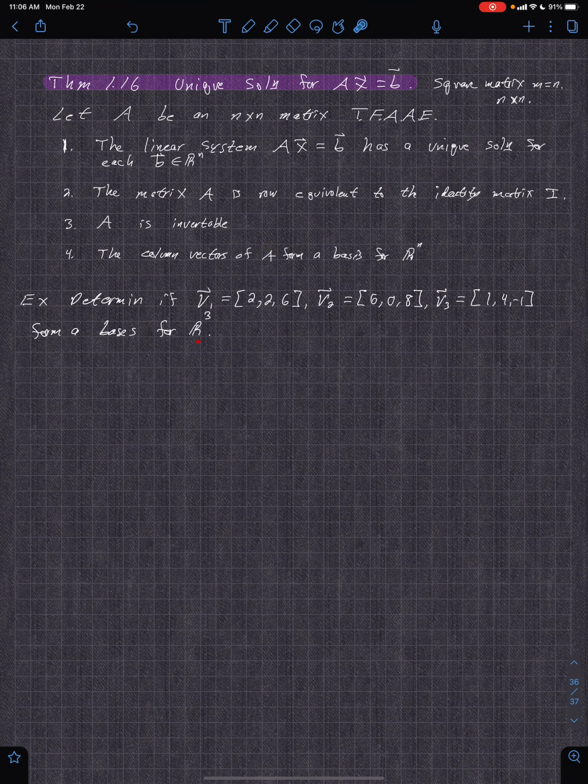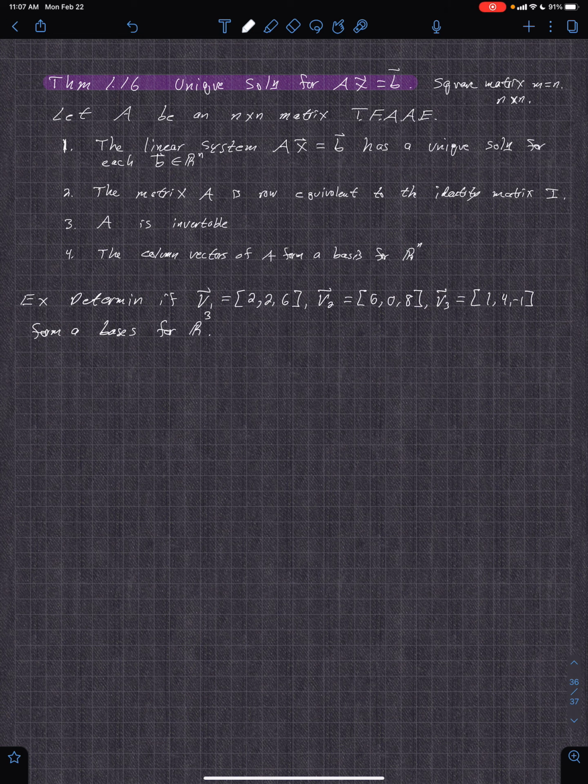So this is R3, right? So what could you do? Well, you put this in matrix form with column vectors, and then you do row reduction and see if it is the identity matrix, because these are all equivalent. Make sense? Great. No one's very talkative today.